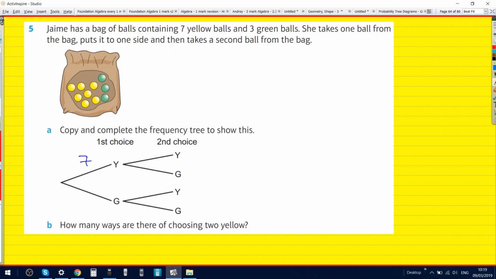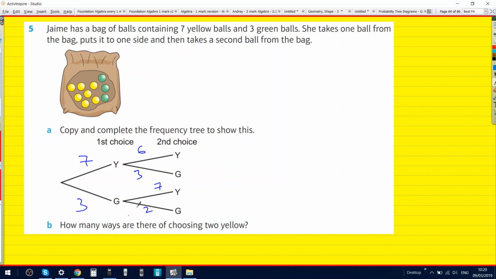Mm-hmm. And then 3 there. So with the second choice, would it be 6 and 3? Mm-hmm. And then would the next one be 7 and 2? Well, how many ways are there of choosing 2 yellows? So you've got 10 in total.